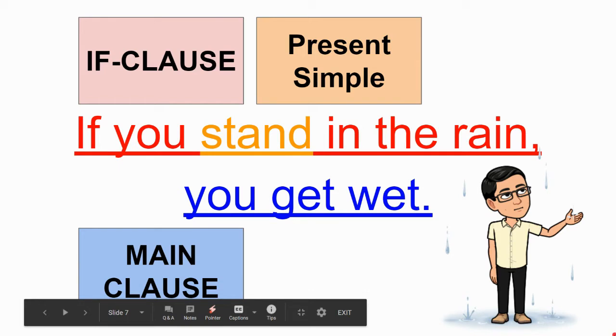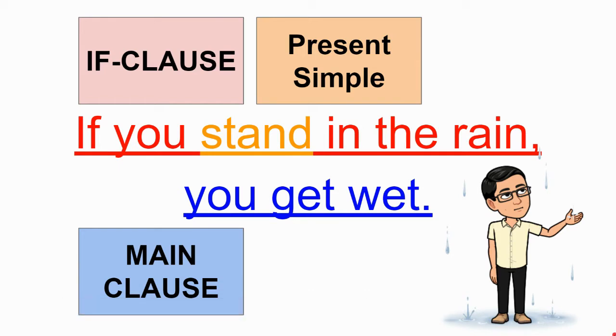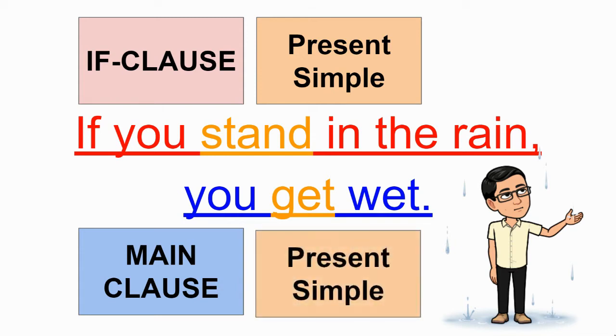How about in the main clause? What is our verb? Wonderful! The verb is get. And the word get is also in the present simple tense.